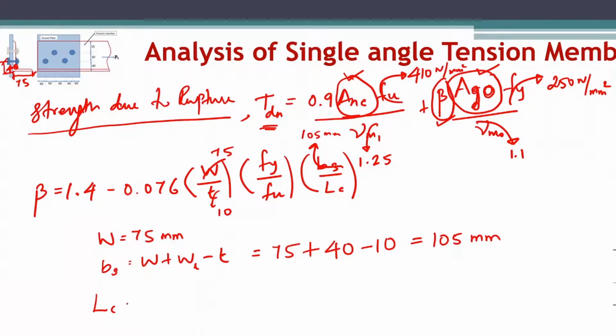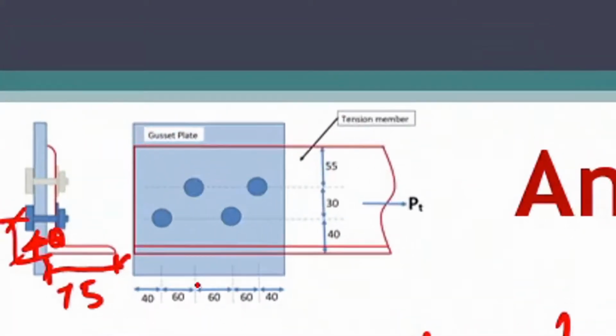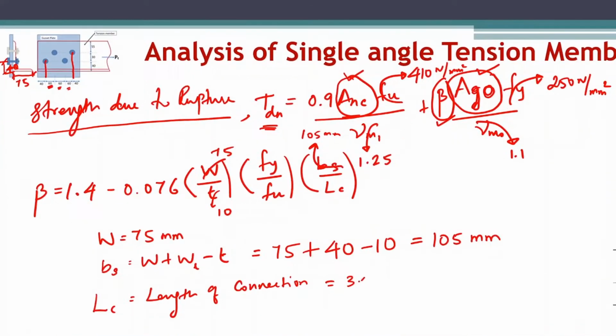Lc is the length of connection. In our given numerical, the distance between the center of the first bolt and the center of the last bolt is the length of connection. So 60 plus 60 plus 60, 3 times 60, is 180 mm. That is the length of connection.